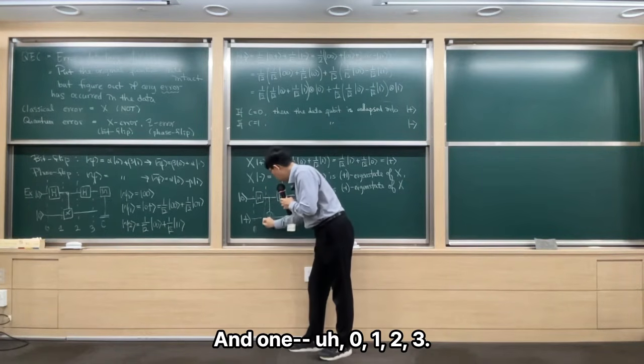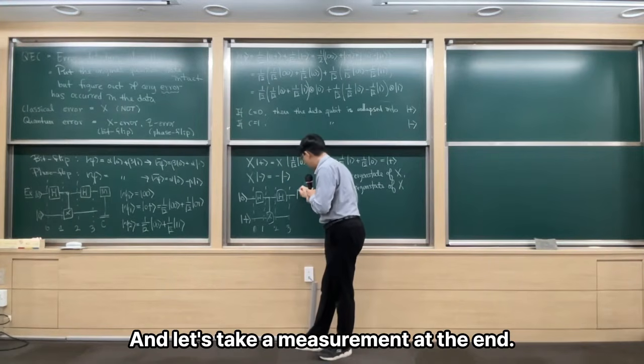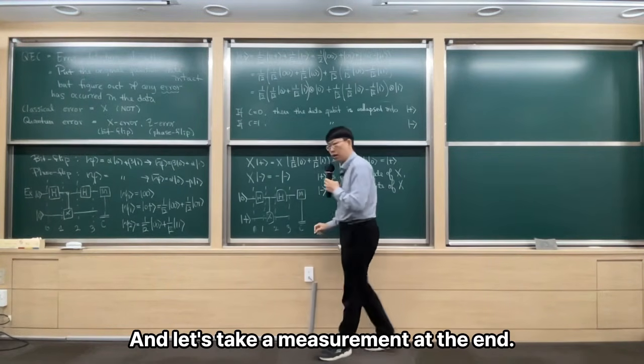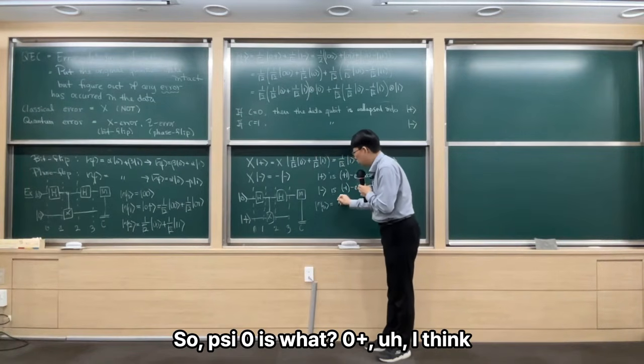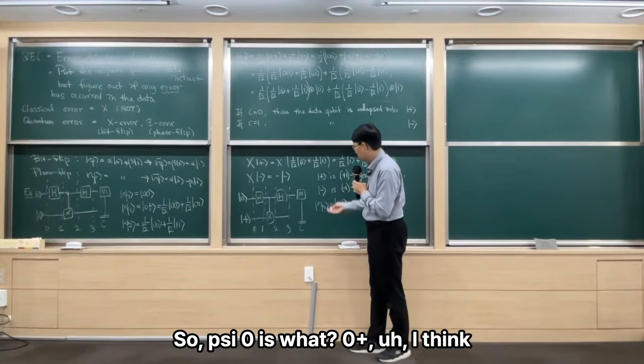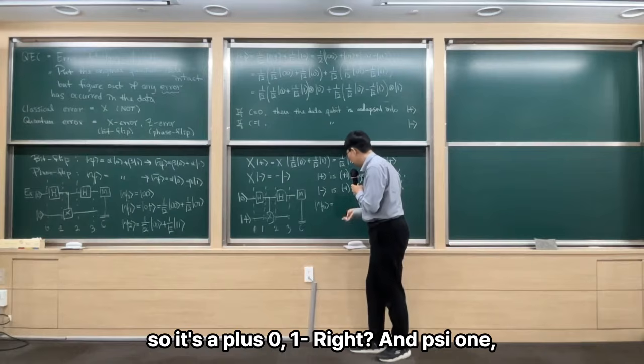0, 1, 2, 3. And let's take a measurement at the end. So psi 0 is what? I think I put the 0 on the right, so it's plus 0, right?